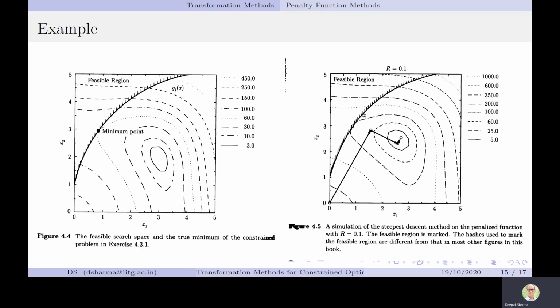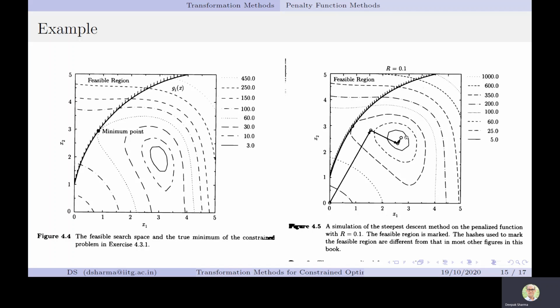This particular solution is far from the optimum and far from the feasible region. So after performing the optimization in sequence 1, this particular point from the origin has moved away from the feasible region.